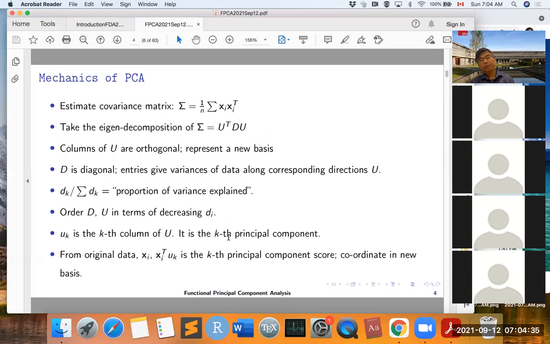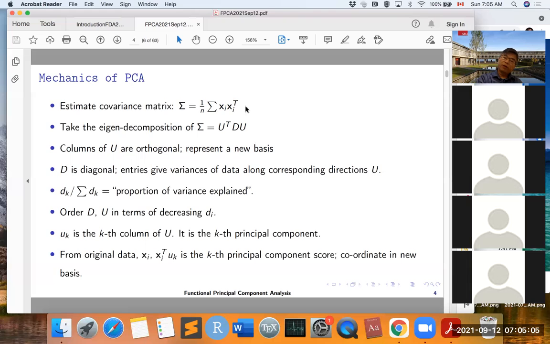There are also some terms in PCA. Basically, we first estimate the covariance matrix capital Sigma by the sample covariance. This xi here is a centralized vector, so we remove the mean of xi first.